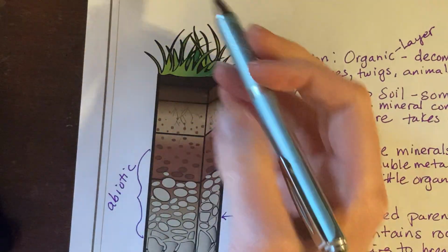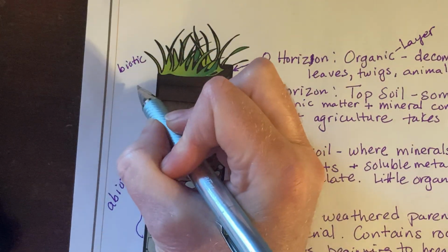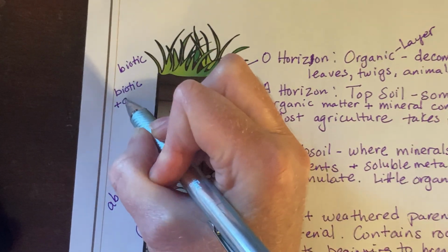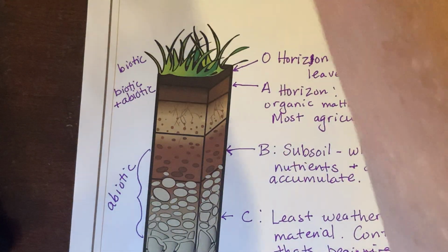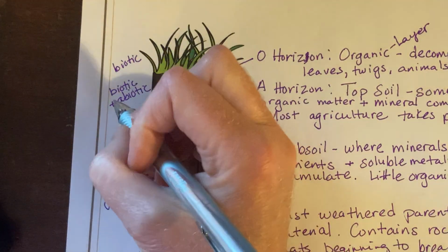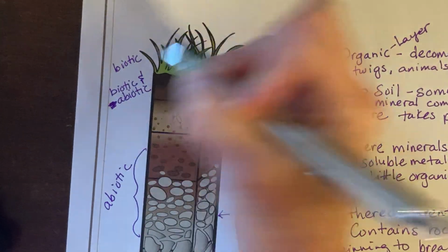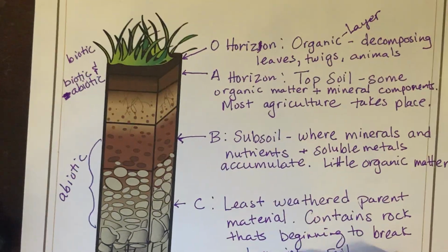So O up here is mostly biotic, and A is going to be biotic plus abiotic. And this is an and, not a T. So biotic and abiotic in your topsoil.